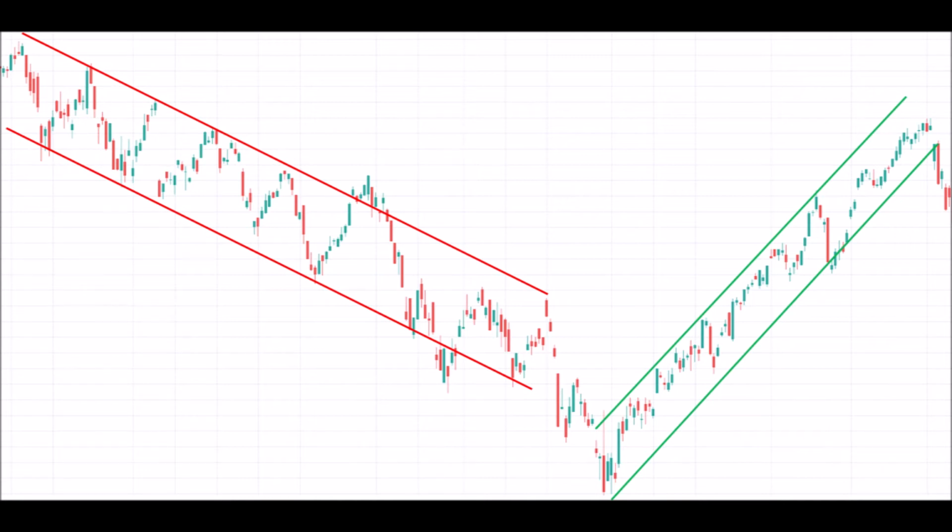Now, what's very interesting is on the left hand side, on the descending pattern, what you can see is a breakout occurred but in the south direction.